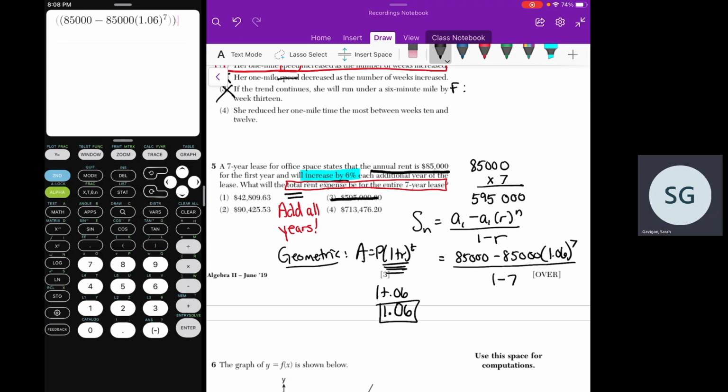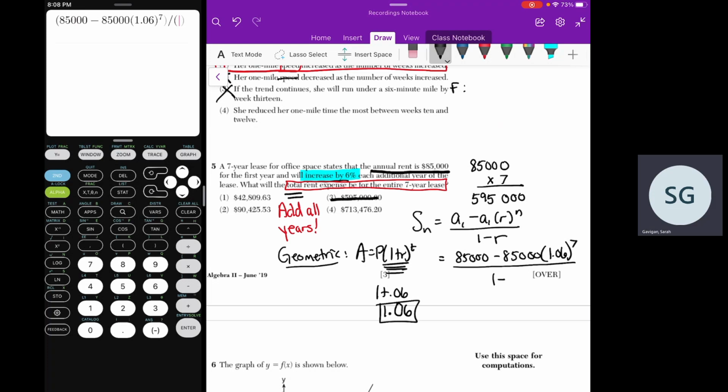I'm going to delete these extra parentheses. There we go. Then I'm going to hit divided by, open up parentheses again, and it's 1 minus 1.06.